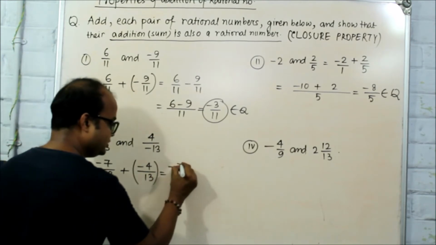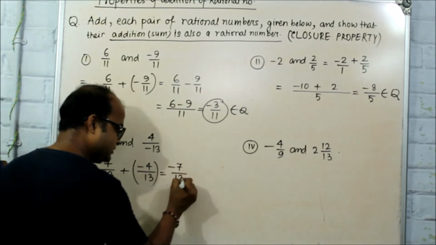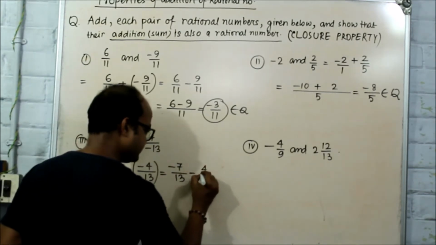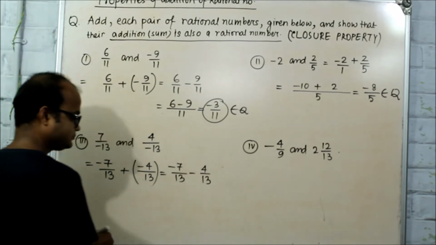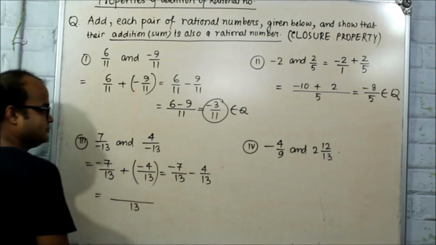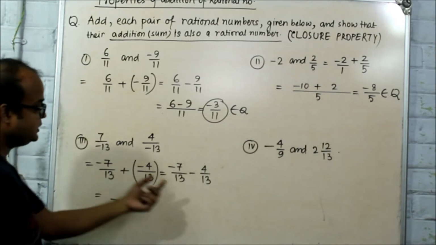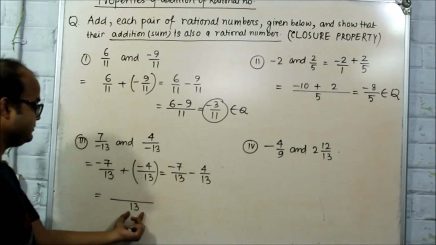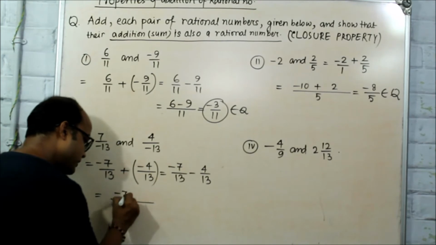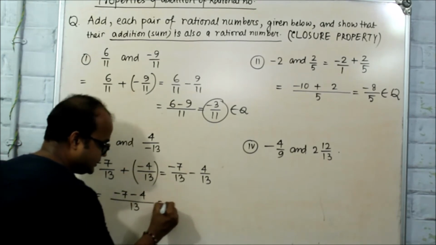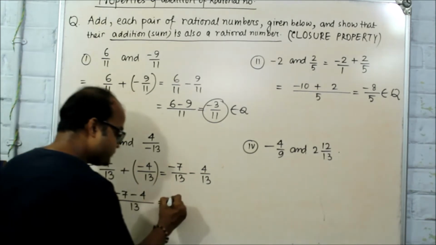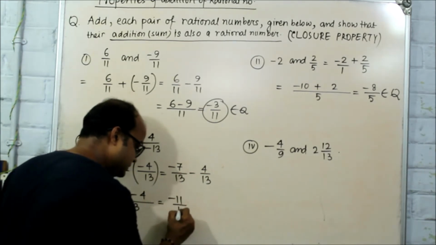So this will be equal to minus 7 by 13 plus minus 4 by 13. The LCM is 13. Same way I told you, if the denominator is the same, you can write the LCM as 13. Then you need to write minus 7 minus 4. Same sign, so you need to add: minus 11 by 13.